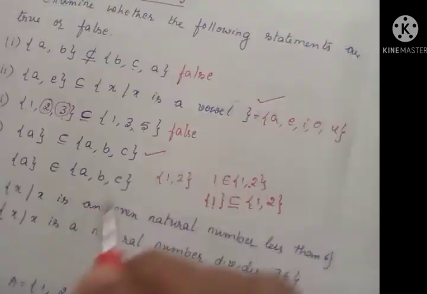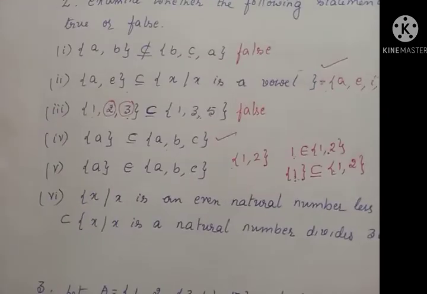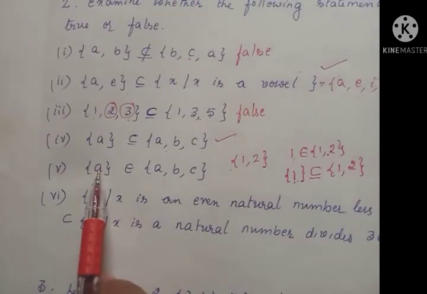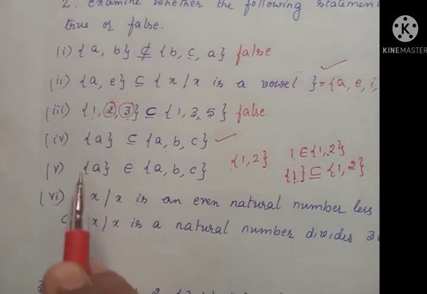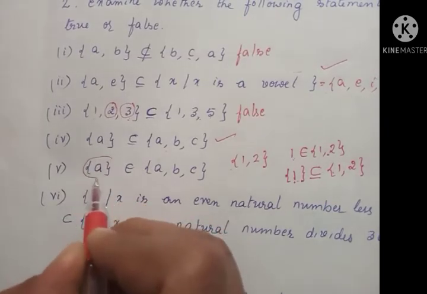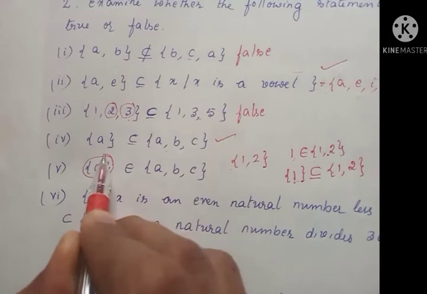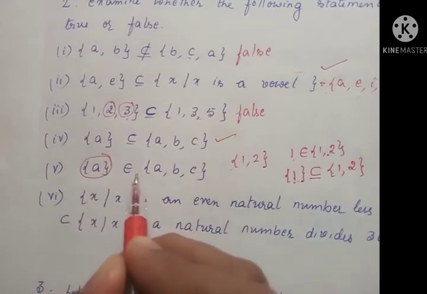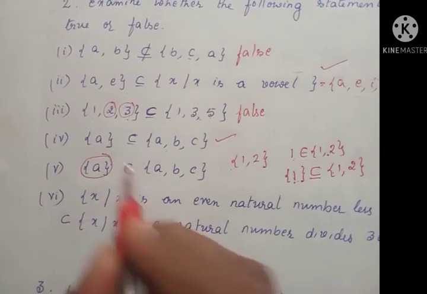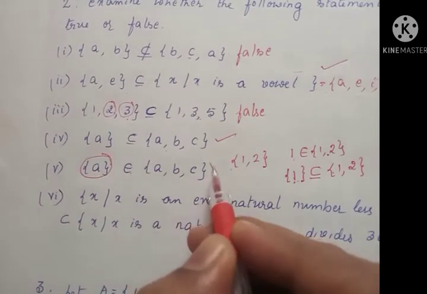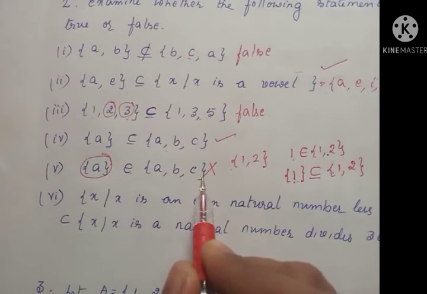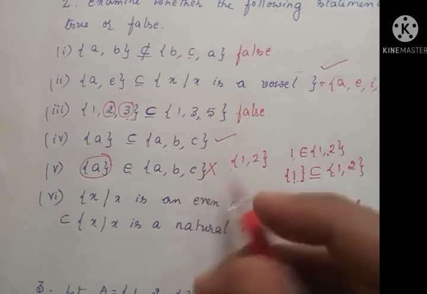So here within the flower bracket they have written A, so this is not an element. We read this as a set having the element A. This is actually a subset, so the statement as written is not possible. This is a false statement.